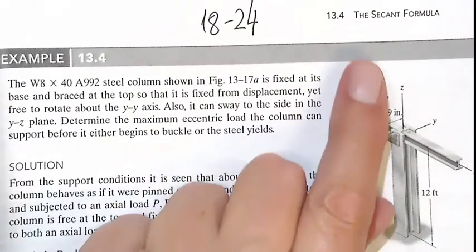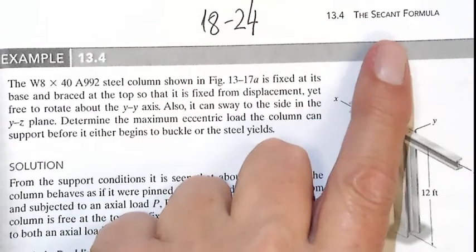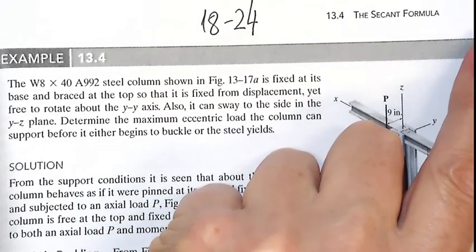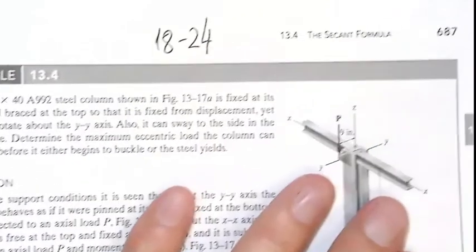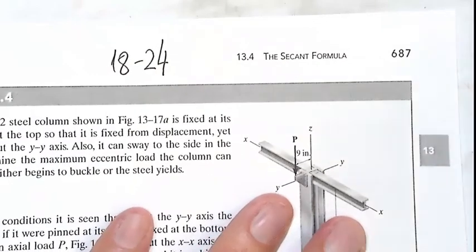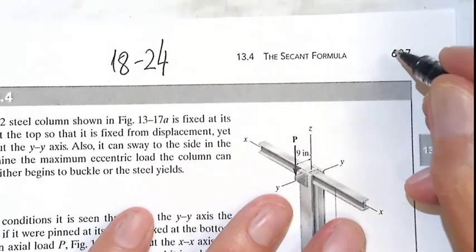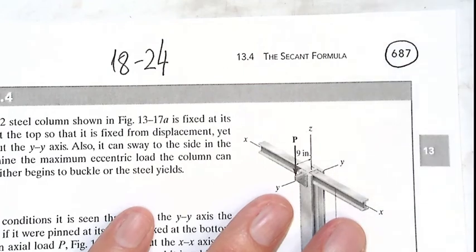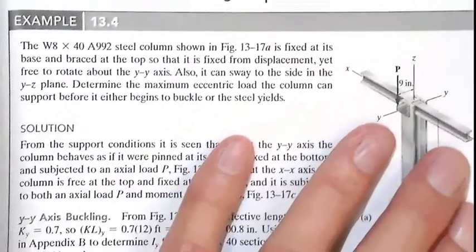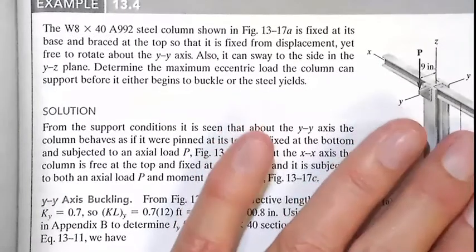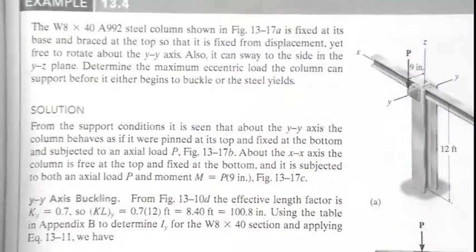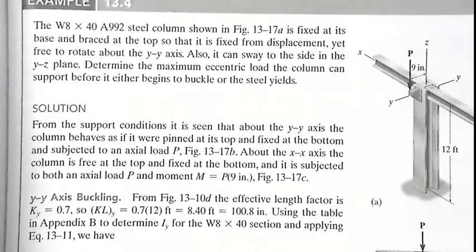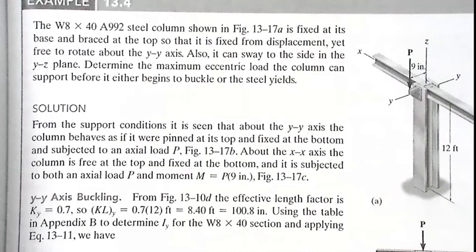The second formula appears on page 687 of our book. I'm trying to use our book as much as possible for your convenience. As you know, this book is available on Google free of charge, this 9th edition.